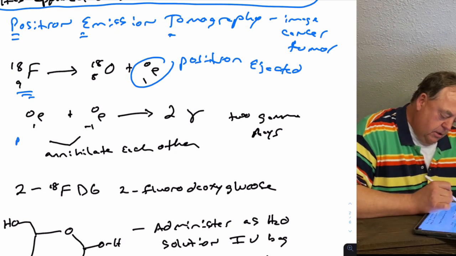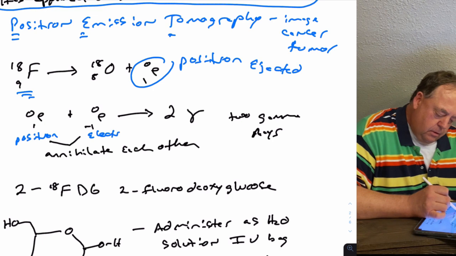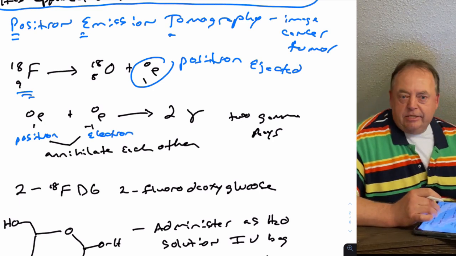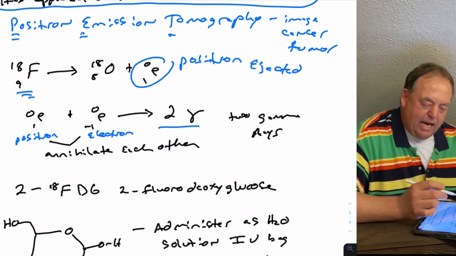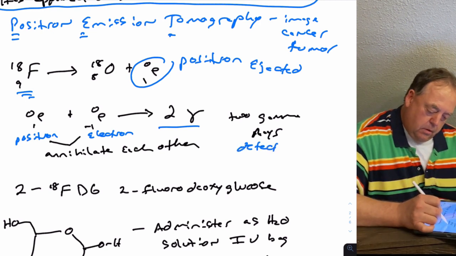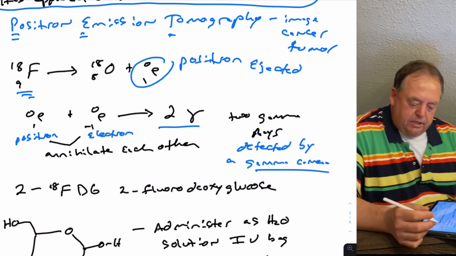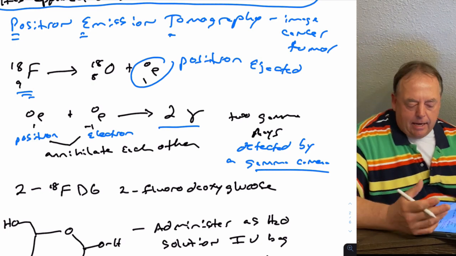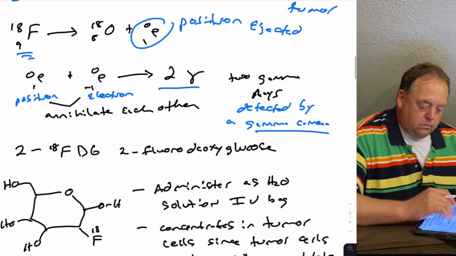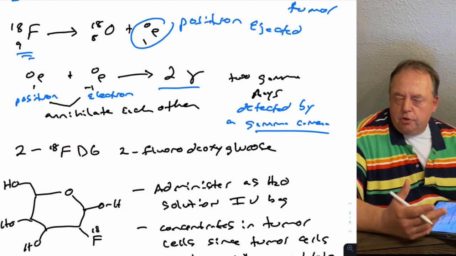If a positron collides with an electron, then they will annihilate each other, and they give off 2 gamma rays in the process. And those gamma rays will be detected by a gamma camera. And that's basically how you can use it to image a tumor cell, for example.